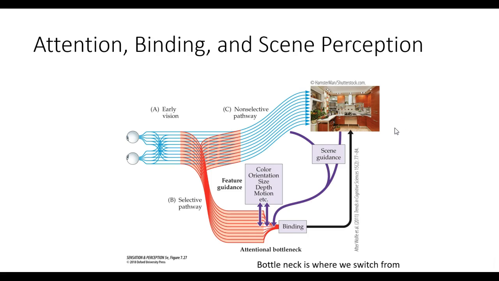Okay, so this is an image that was in the previous presentation, okay, about scene perception. And what we said there is that we can recognize the gist of a scene very quickly, right? We don't need to know the details, but we can very quickly say, okay, that's a kitchen.